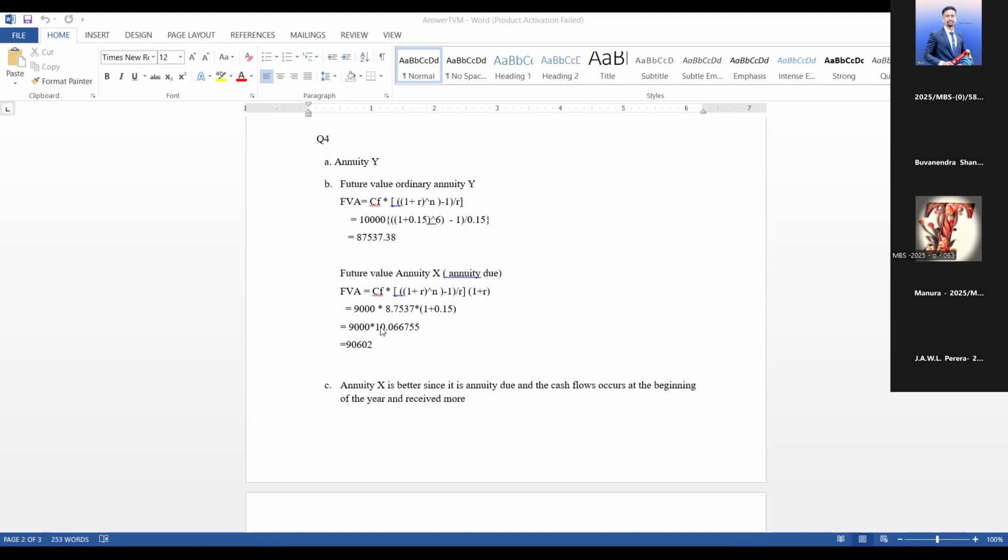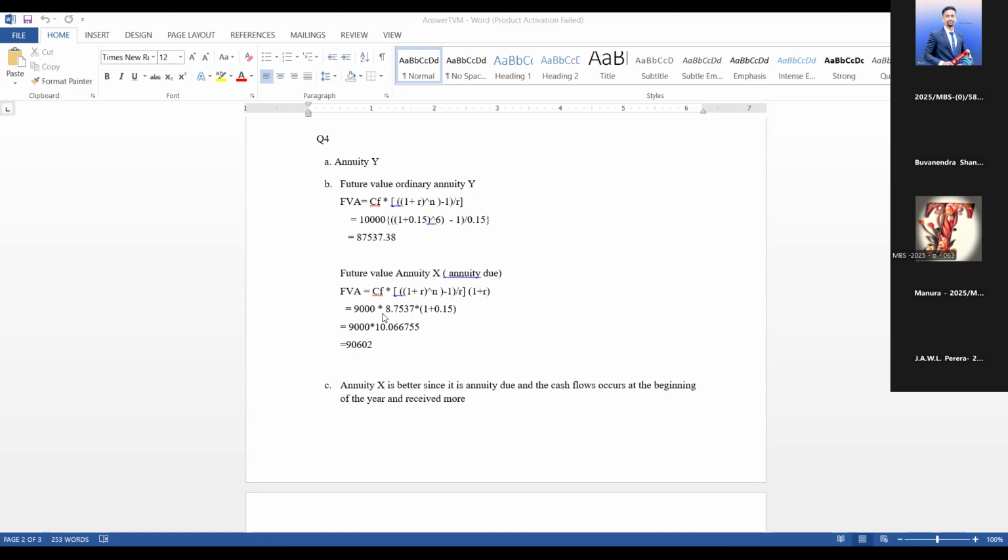So when we see this, Y is 10,000 for 6 years, yet X shows a higher value even with 9,000 compared to 10,000. You can see the annuity due is always greater, even when the periodic cash flows are different.